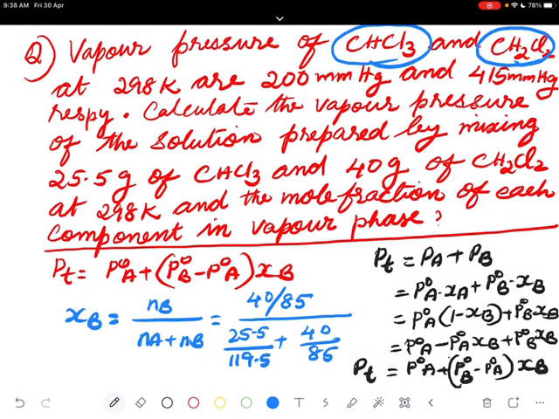XB is less than 1, and we get it as 0.688. This value you substitute here for XB. So I'm finding out P total.